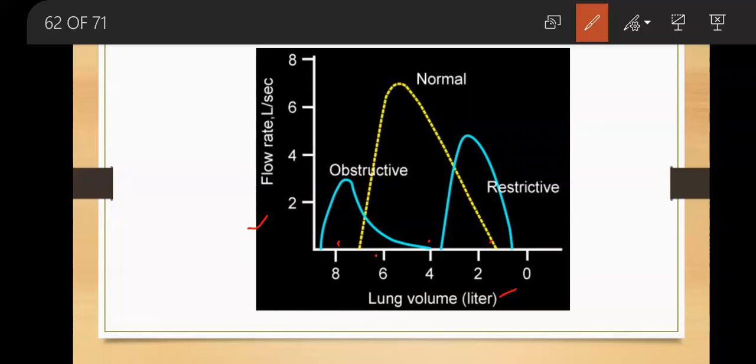So in the normal situation, at a flow rate of 6 or 7 liters per second, the lung volume is 5. This is a normal lung volume. And as long as the flow is decreasing, the lung volume is decreasing.